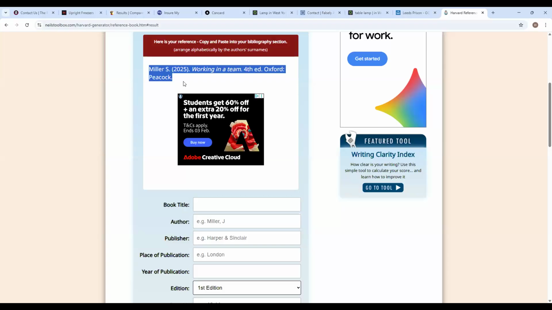What you do with this is copy it and paste it into your reference list or bibliography at the back. If you use the internet, you would do the same for the internet. You would do the same for the books, and copy and paste it into the back of your bibliography, because at the end of your assignment, you need a reference list or a bibliography. So you would just put in any details that you find.